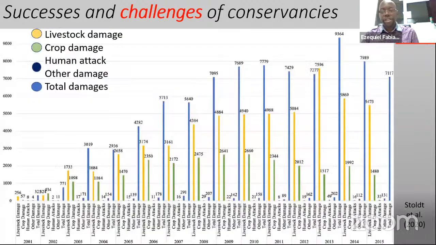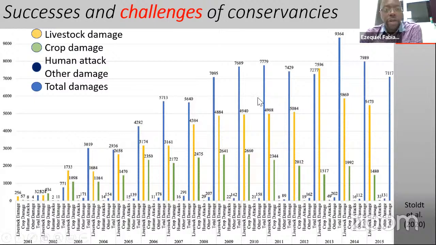Now, another challenge is this graph here, and here I really just want to focus on the total and probably livestock damage. What this figure shows is the damages that conservancies, and this graph is across all conservancies in the country, have experienced from 2001 to 2015.